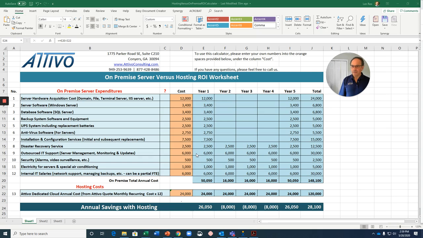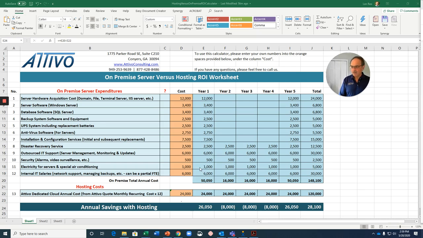Chances are you need to have a contract in place with an outsourced IT support organization. I've plugged in $500 per month for all of the server management, the patching, the updates, any kind of repairs that you might need along the way. Perhaps there are costs related to security, maybe a surveillance system that you have in place for server security.